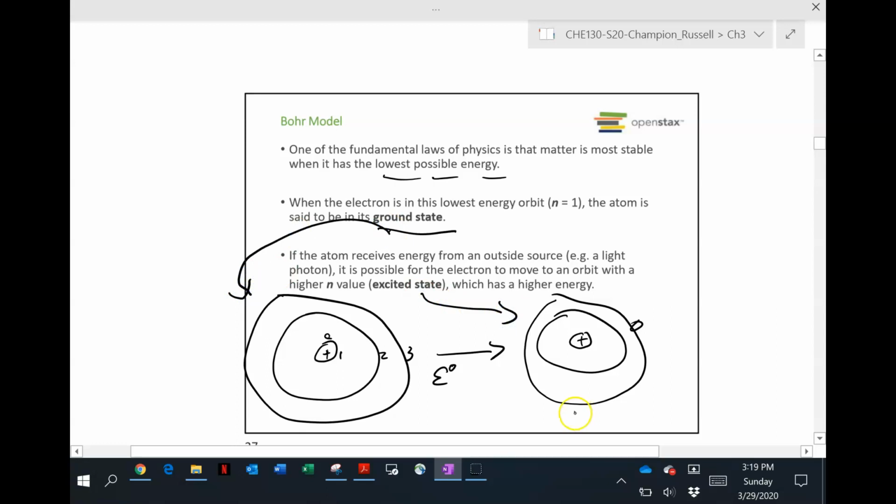And then what can happen is this can go back to the ground state, and when it does, it's going to give off light. And the energy of that light is going to be equal to h nu, or hc over lambda. And that energy is going to be equal to the delta E from 3 to 1.